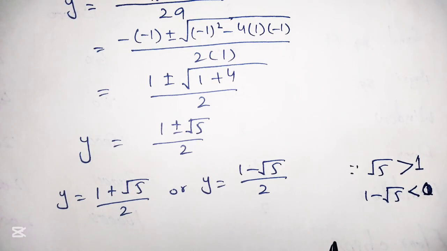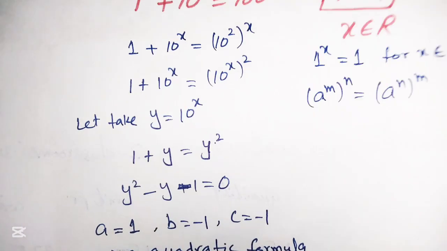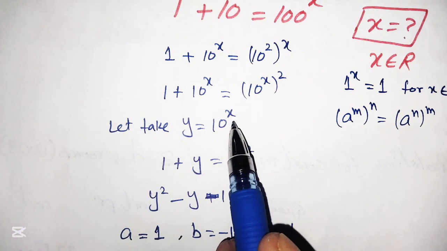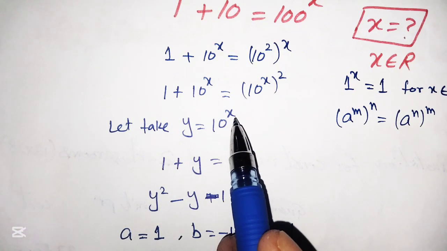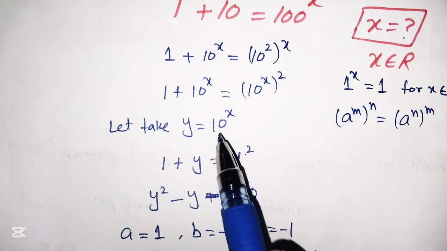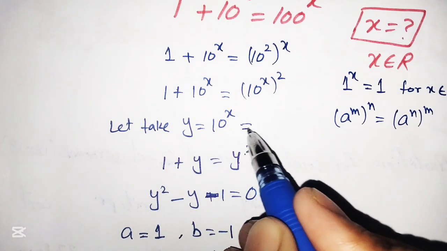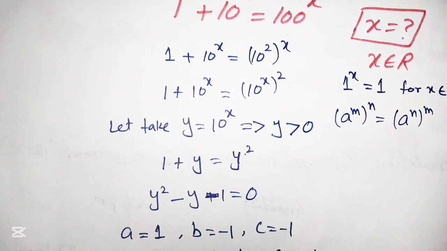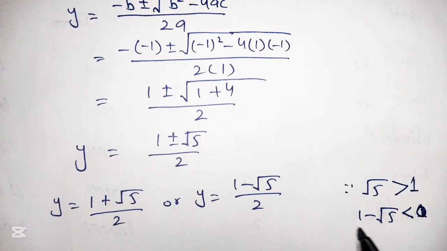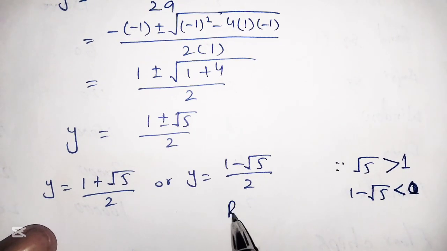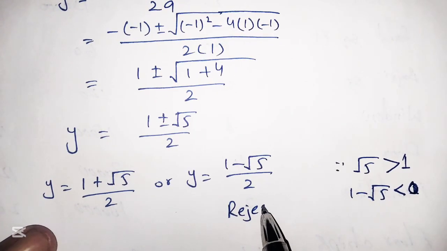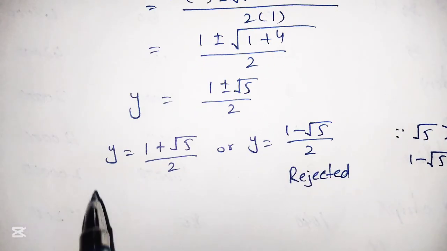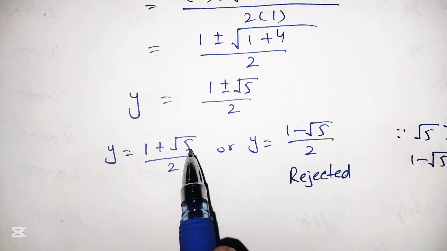In the start we said that y is equal to 10 raised to power x, and for all real values of x, 10 raised to power x can never be equal to negative values. From this we conclude that y is greater than 0, that is y is positive. So we can reject this solution, as y is a positive number. The final solution is y is equal to 1 plus square root of 5 over 2.